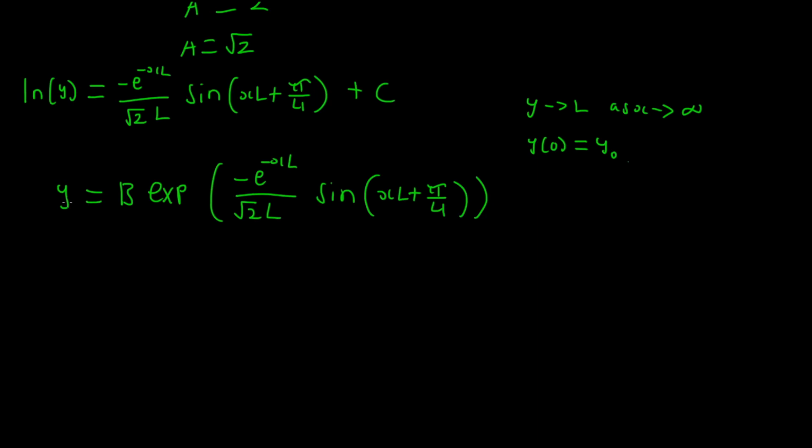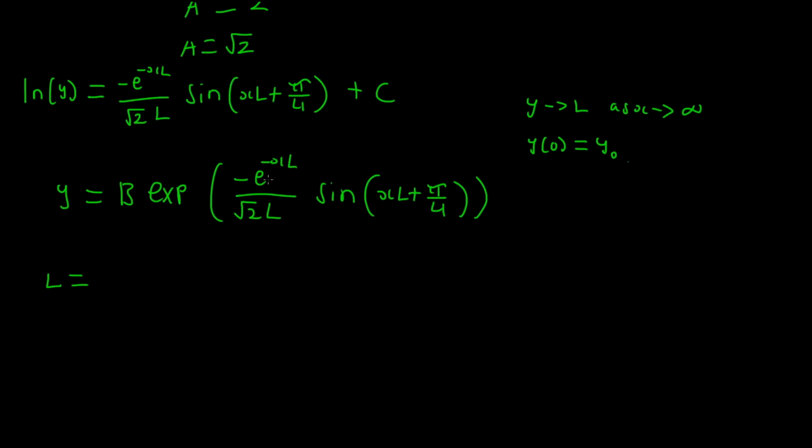So have a look at this. If y approaches L, we're going to write L equals, and now the limit as this function goes to infinity. B is a constant, exponential function is continuous, so we move inside. Now the sine function is just oscillating up and down, so we can sort of ignore it, especially because this exponential goes to 0, because e to the negative something very, very big gives you 0, so we'll have exponential function of 0 times some other stuff.